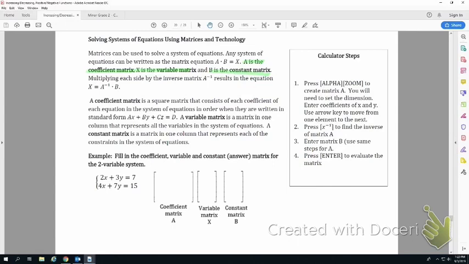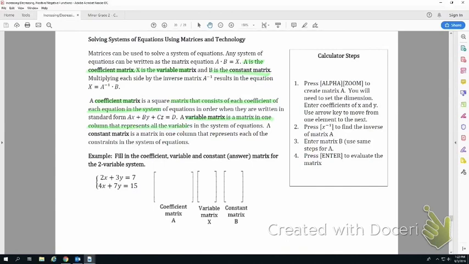So a coefficient matrix is a matrix that consists of each coefficient of each equation in the system. In our coefficient matrix, all we're going to have are the coefficients of these variables. Okay, we'll fill this in here in a minute. Wait until I get down there. The variable matrix is a matrix in one column that represents all the variables.